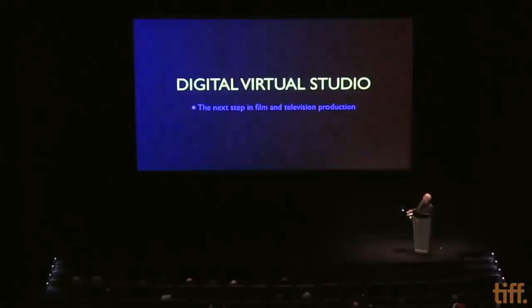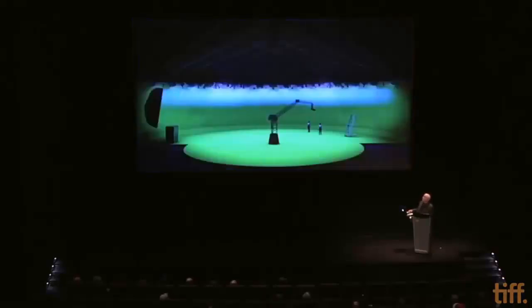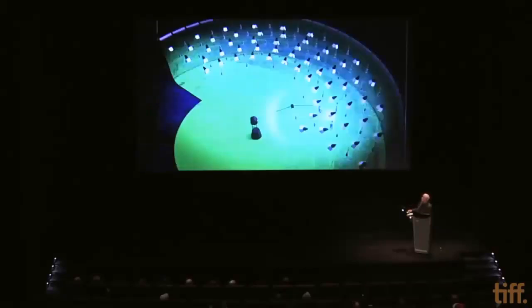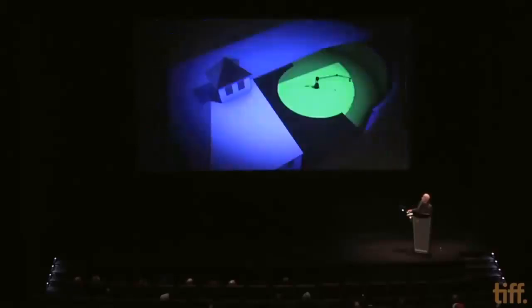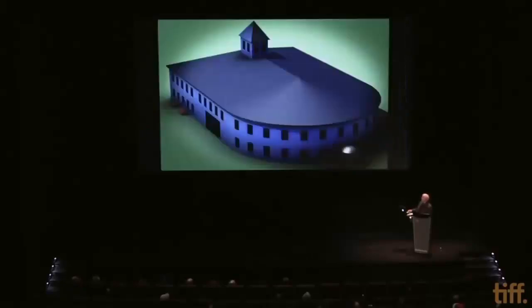And this whole digital virtual studio I'm working on, which I want to do with my next film, is to build a stage that's designed with the zero-gravity boom, and everything is designed around that technology to automate the lighting grid so that we can do rehearsals on this and pre-light scenes and come back into our stage and reshoot.